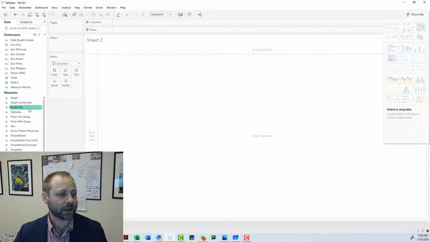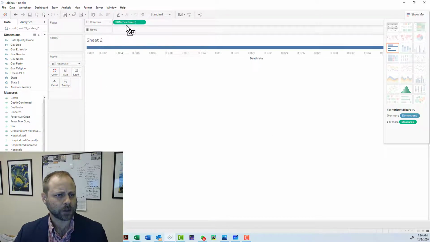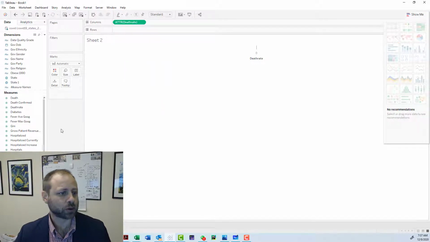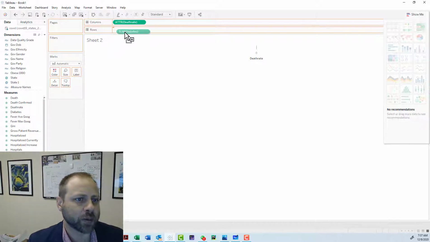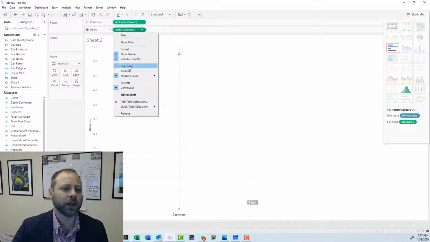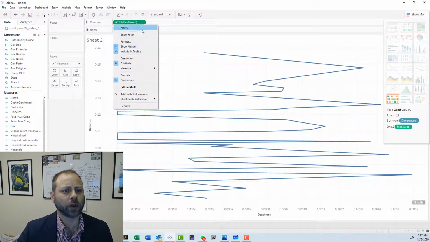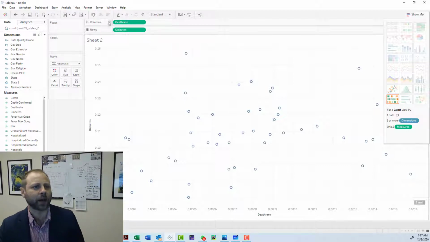And now what I'd like to do is look at death rates, attributes, and look at things like diabetes. And remember that what we're showing here is the rate of diabetes in a state. These are backwards.